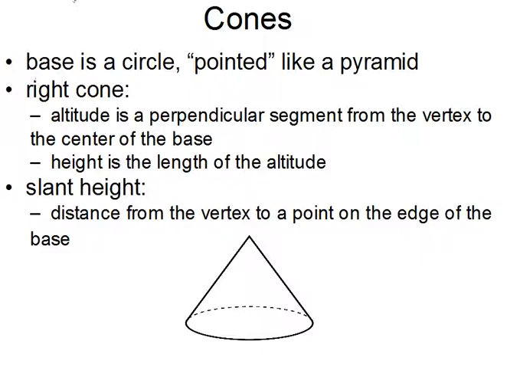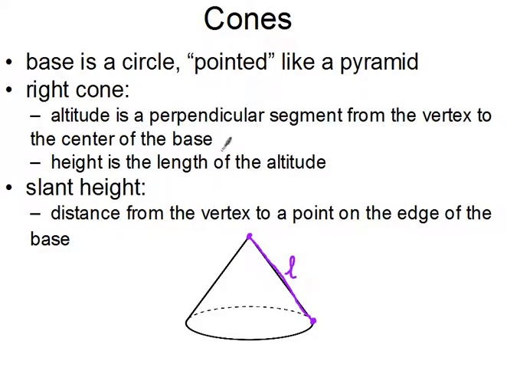Okay, a type of pyramid is a cone. A cone is just a pyramid. It just doesn't have the triangles around the top of it. But it does have a circle for the base. A right cone just means it's standing straight up and down. The slant height is the distance from the vertex to a point on the circle, and we still call this L. It's actually slanted.